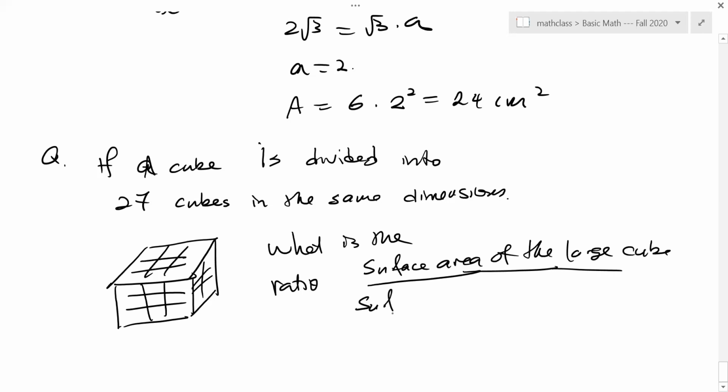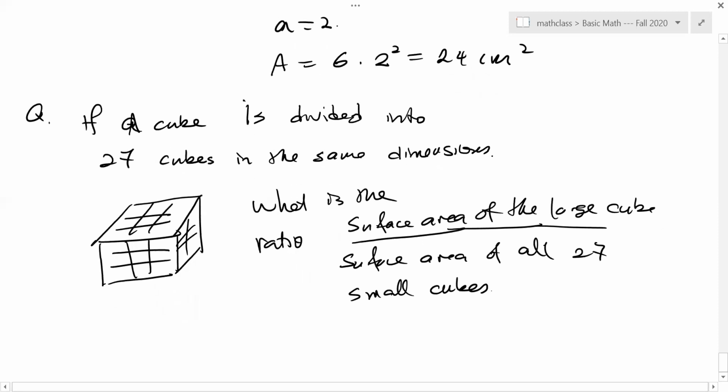Here will be the surface area of all 27 small cubes, and I want to see if this is the same ratio or not.